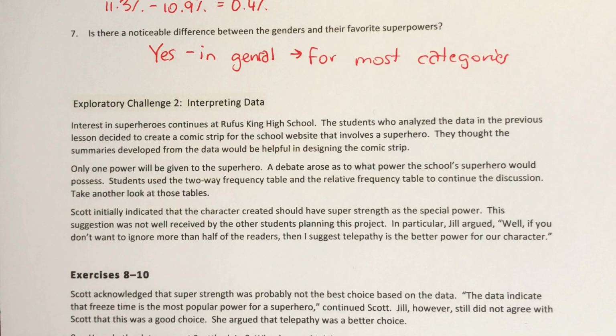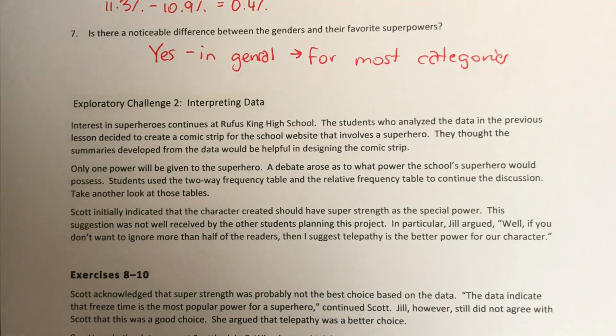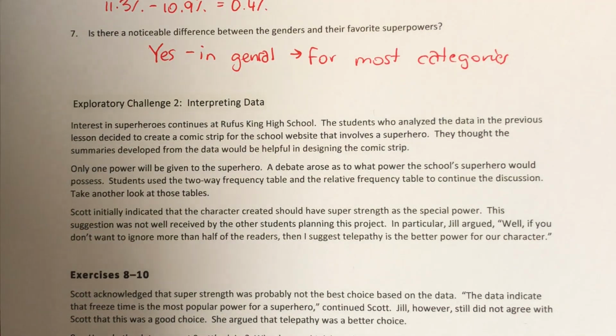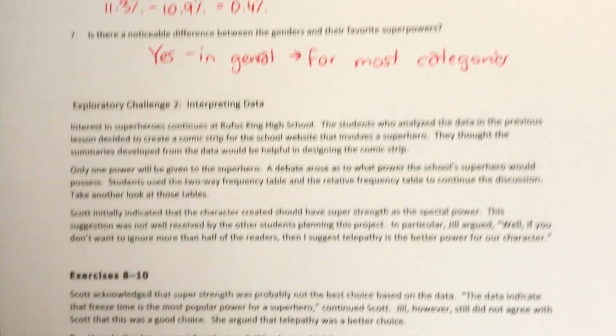All right, there's a nice story for you. I wish we were in class and I would ask someone to read. But there's a debate. Interest in superheroes continues at the high school. The students who analyzed the data in the previous lessons decided to create a comic strip for the school website that involves a superhero.